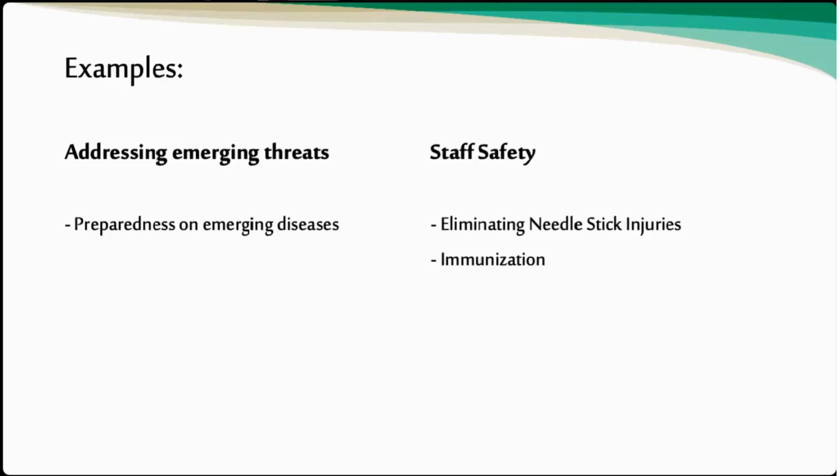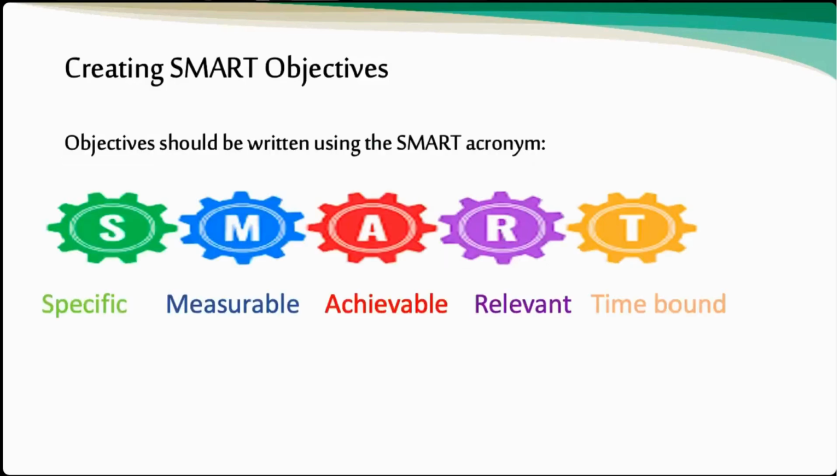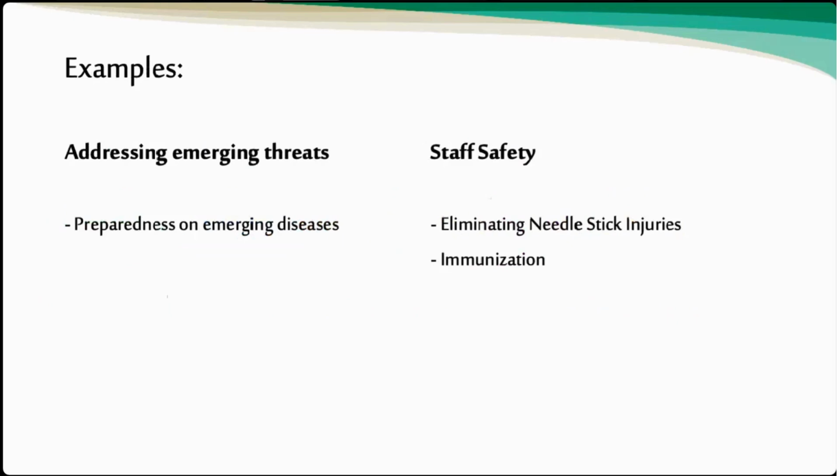It can also contain staff safety, like eliminating needle stick injuries or improving healthcare worker immunization, like the flu vaccine, or increasing immunity for hepatitis B. So this is for the goals.